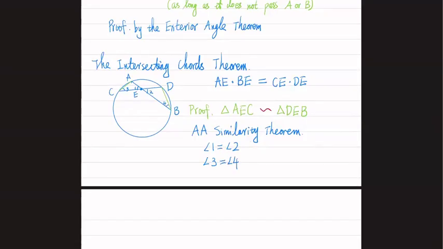This one, because they're vertical angles, same vertex. What about this one? Why do these two angles have the same measure?